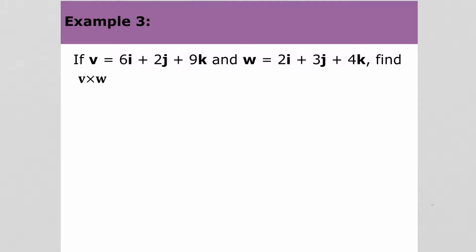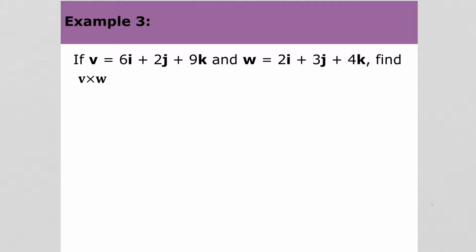Example 3 says, give me 1 second, wrote down something wrong. If you've got these two vectors, find the cross product.